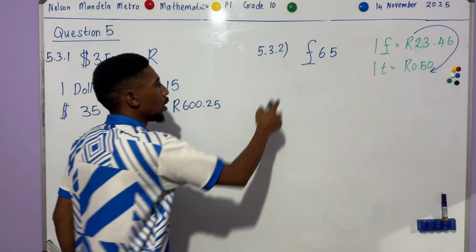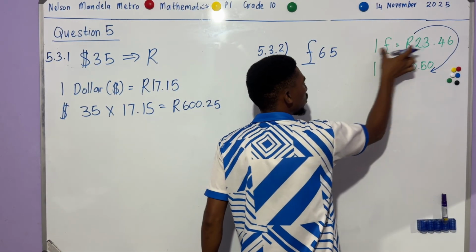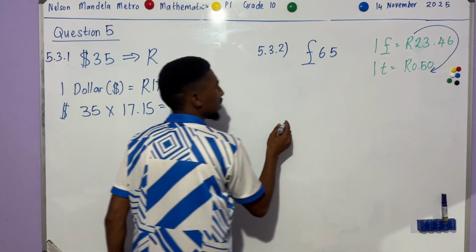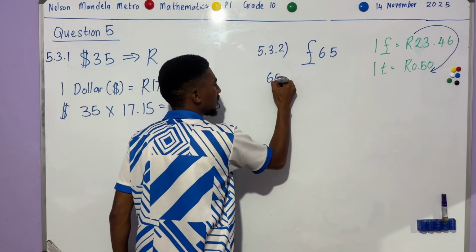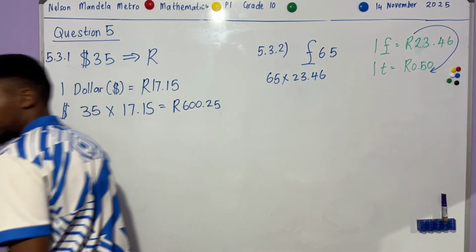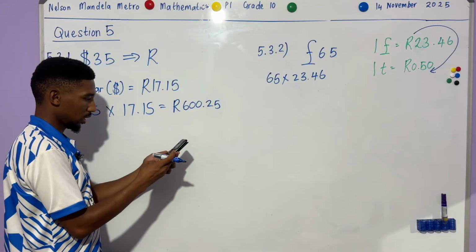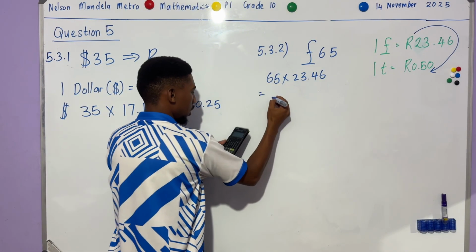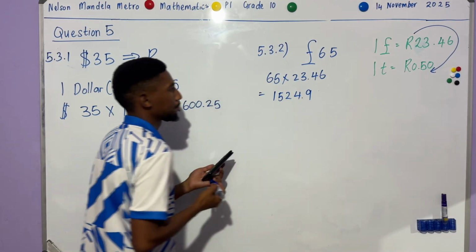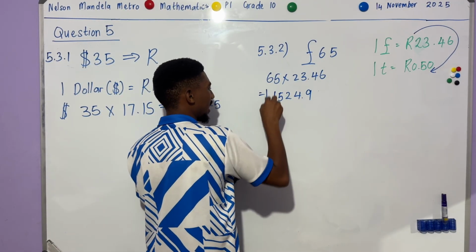So how much is 65 pounds in rands? Again, we're going from £1 to 23 rand. How do you go from 1 to 23? We multiply. So we're going to say 65 multiplied by 23.46. We put that in our calculator. 65 multiplied by 23.46 is equal to 1524.9. Then this, remember, is in rands.